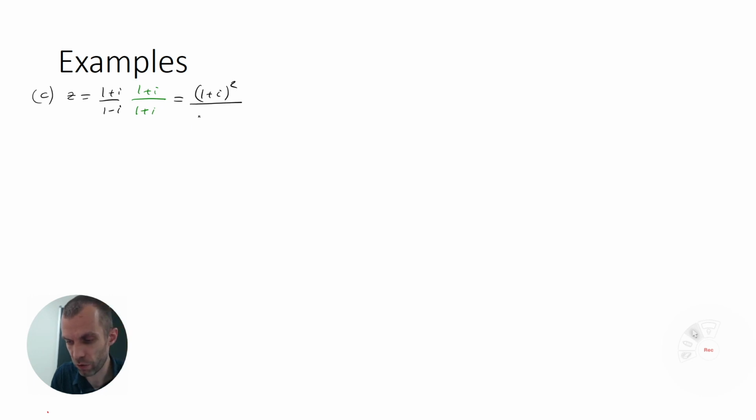It's the modulus squared, so it's 1 plus 1. And let's work out what we have in the numerator. 1 plus i squared is minus 1 plus 2 times i, divided by 2. And if we simplify that, we get that this is just equal to i.